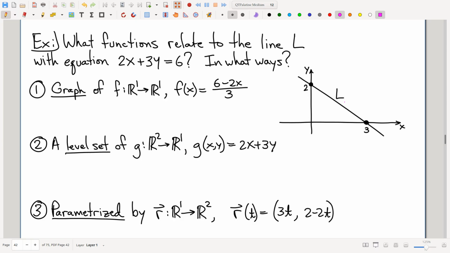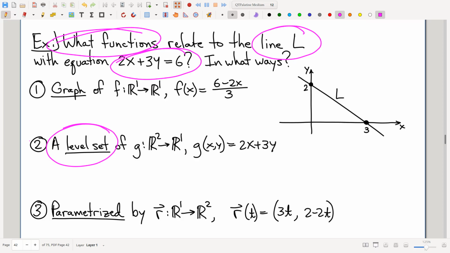Right? So here's a couple of examples of mistakes that I see. If the question was, here's an equation, and what function has a level set that is that line? And if the answer that you give me is you write this down, if this is your answer, 2x plus 3y equals 6, the question asks for a function.